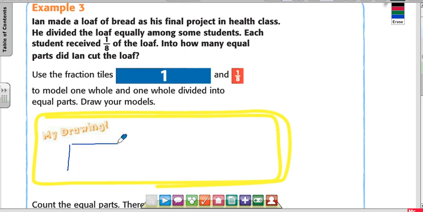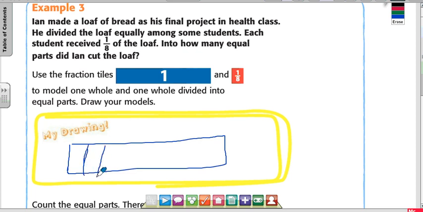So here's the bread. So 1, 2, 3, 4, 5. I'll make it better. Hold on.